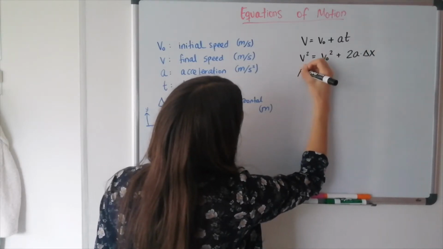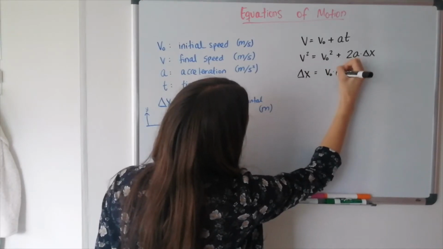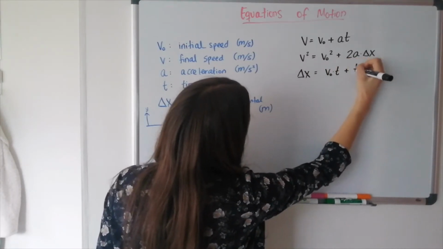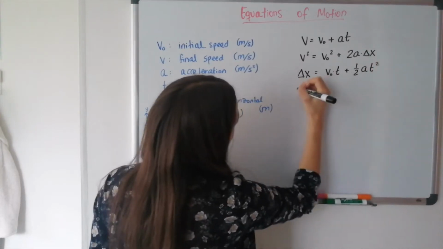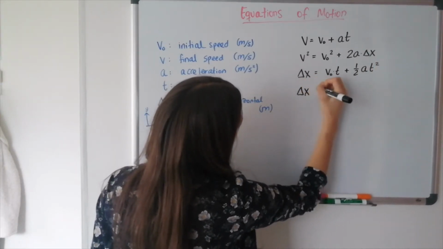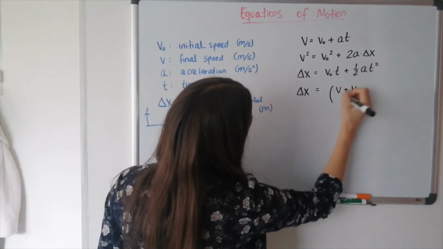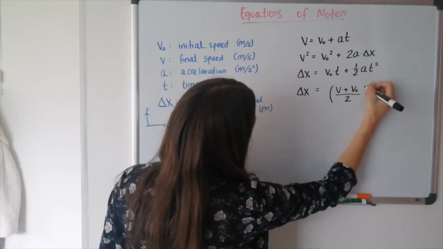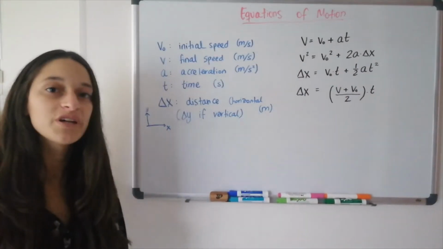We have delta x equals v0 times t plus 1/2 a times t squared. And we have delta x equals (v plus v0) over 2 times t. These are our 4 equations.